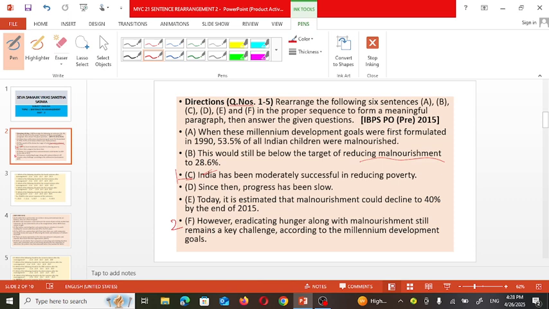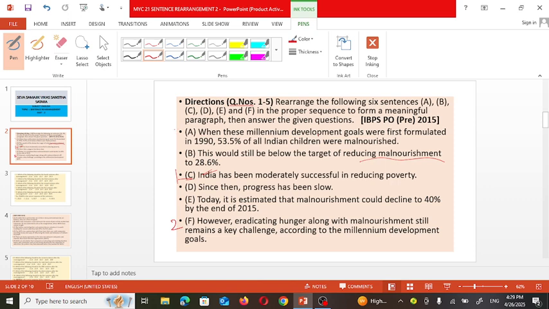Because this F sentence supports the opening statement. Now, if we observe the other sentences, after this Millennium Goal, statement A can be the third one.